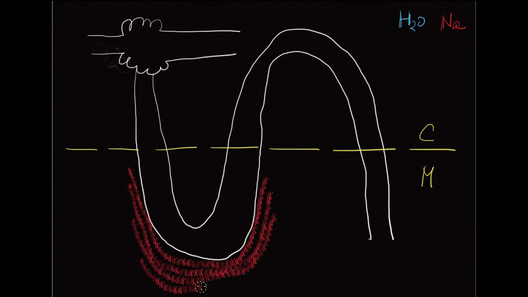And I hope that becomes evident by the way I'm drawing here. So much more concentrating ability down here than up here, but still greater amount of concentrating ability compared to the cortex. There we go. Alright, so that's our medullary concentrating gradient, and now let's see what happens to salt and water.